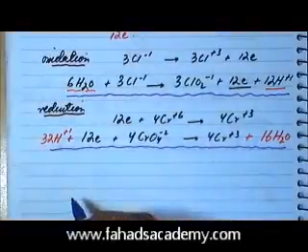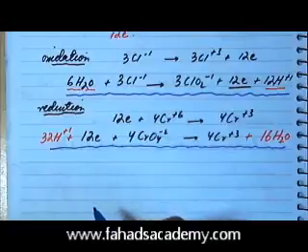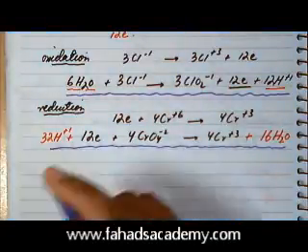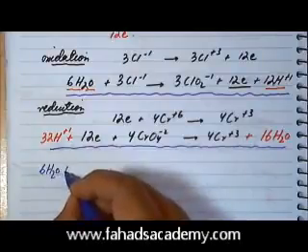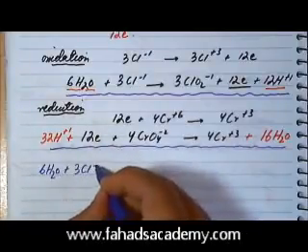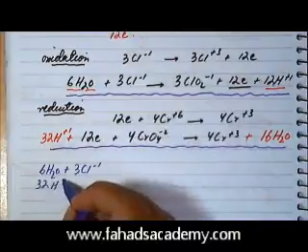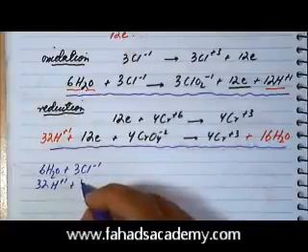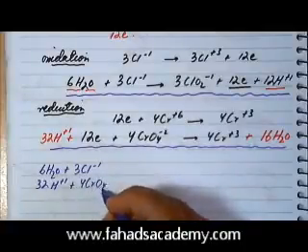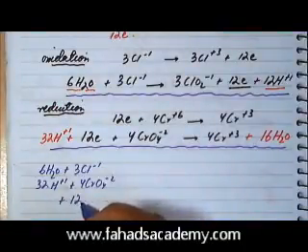So let's start writing the left hand side. I'm adding up the left hand side of the 2 oxidation reduction half equations. So you have 6 H2Os plus you have 3 Cl minus 1 plus you have 32 H plus 1 plus 4 CrO4 minus 2 plus I also have 12 electrons on my left hand side.